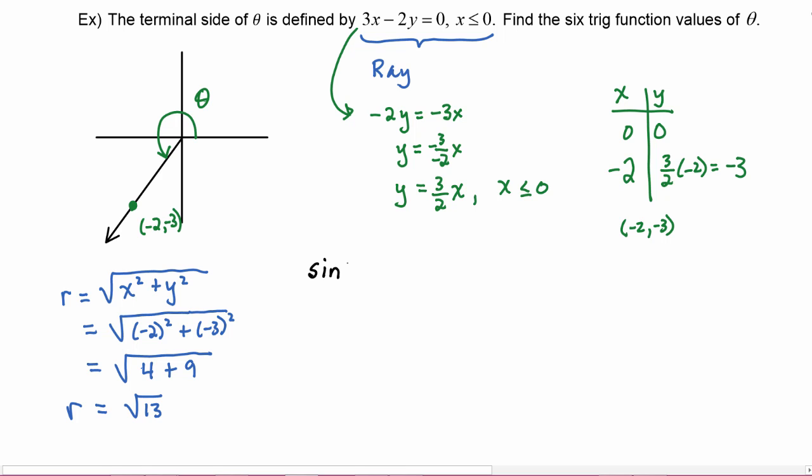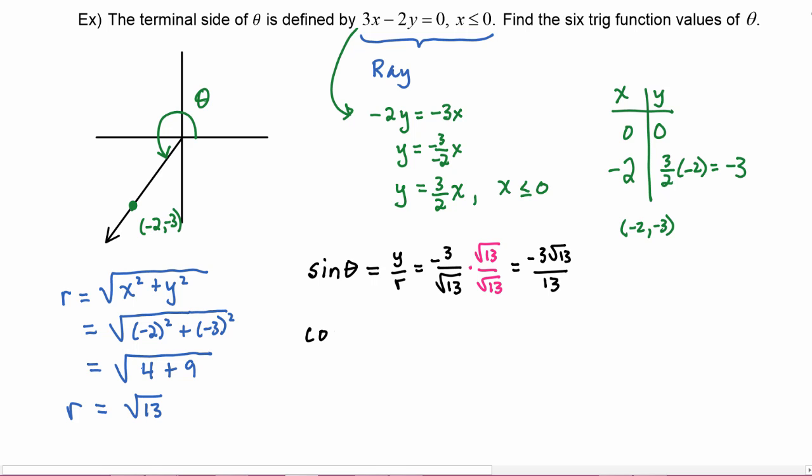Sine of theta we know is y over r, so it will be negative 3 over the square root of 13, and we do have to rationalize, so we're going to multiply by 1 in the form of radical 13 over radical 13, and we get that sine of theta is negative 3 radical 13 over 13.